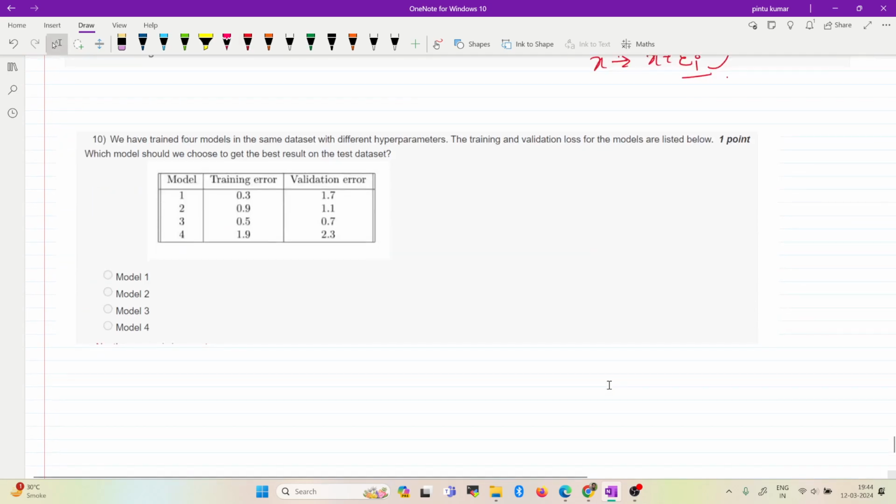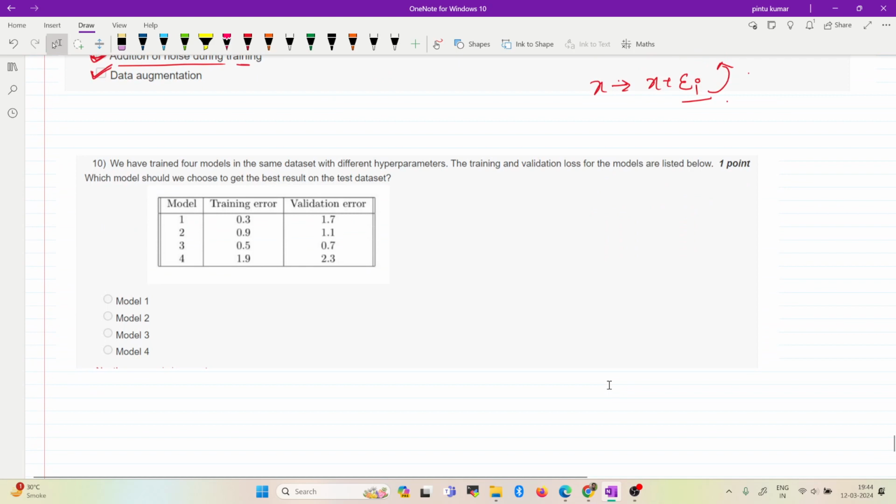Okay. So this is the last question for today, I think. The question is, we have trained 4 models on the same data set with different hyperparameters. The training and validation loss for these models are listed below. Which model should we choose to get the best result on the test data set?